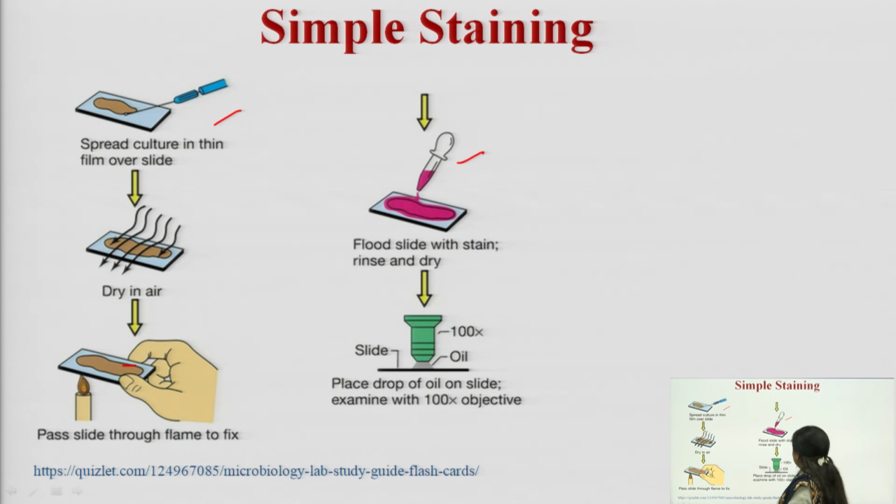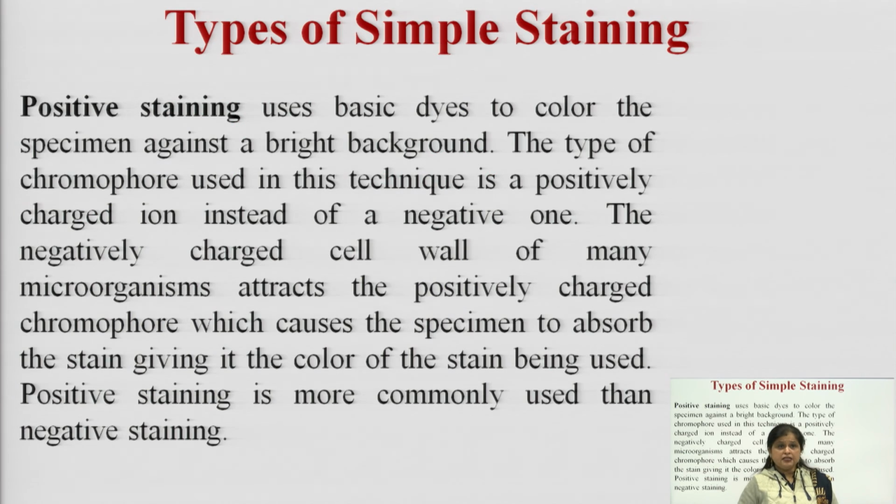After adding the staining reagent, we will observe this slide under the microscope. If the cells are colored, then it is positive staining, and if the background is colored but the cells are transparent, then it is negative staining.